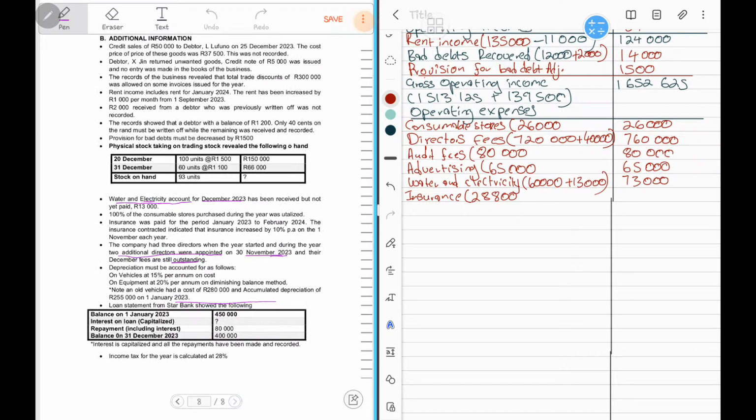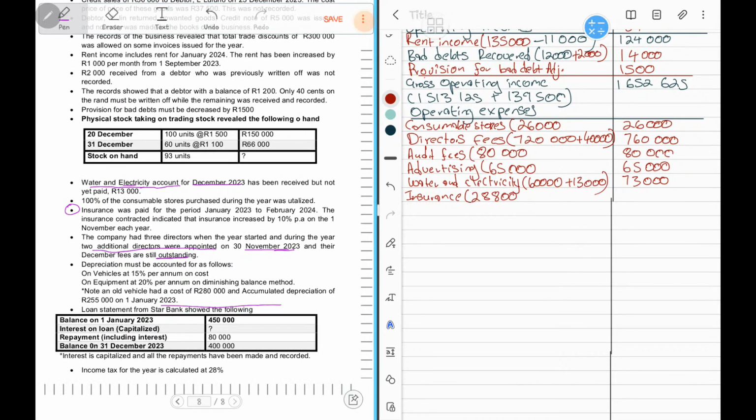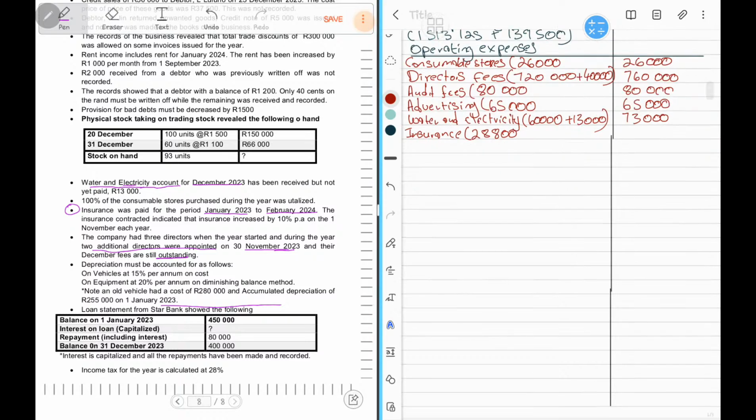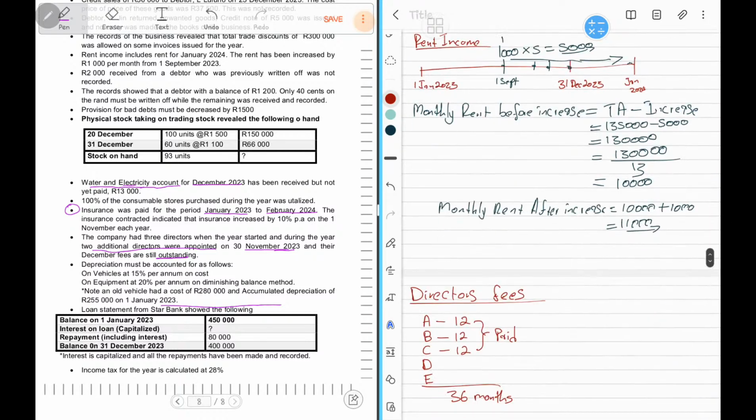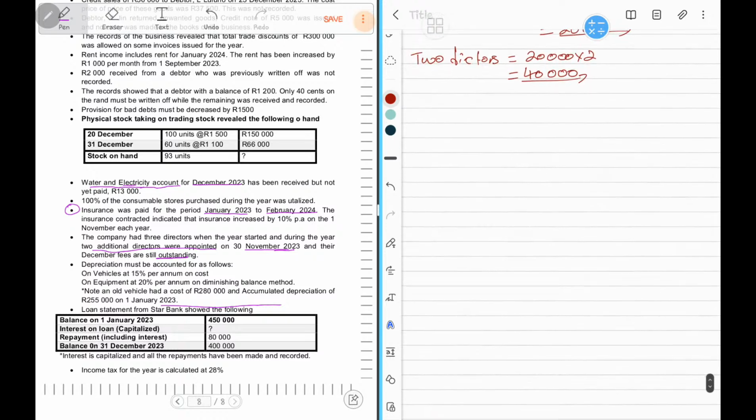We have it here. They are saying insurance was paid for the period January 2023 to February 2024. It means that insurance was paid for many months, for 14 months.